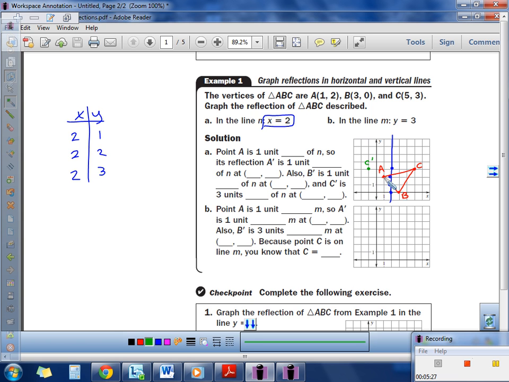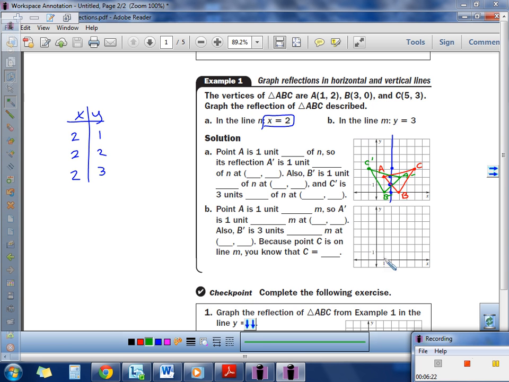Right now it's 1 left, so I need to do the opposite and go 1 to the right. There'd be my A prime. How far is B from this line? It's 1 to the right, so I need to go 1 to the left, and there's my B prime. Now I can connect them, and there's my reflection.